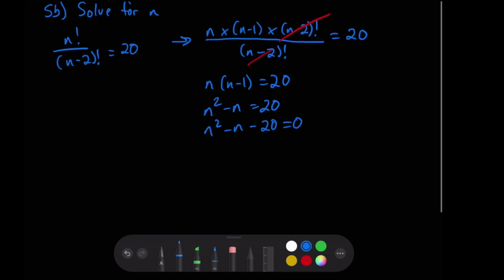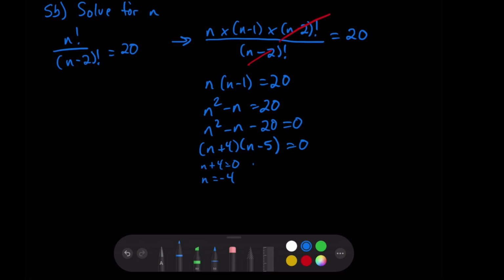We can factor this pretty easily. We can express this as n plus 4 and n minus 5 equals 0. That'll happen when either term goes to 0. So n plus 4 equals 0, n equals negative 4, or n minus 5 equals 0, n equals 5.